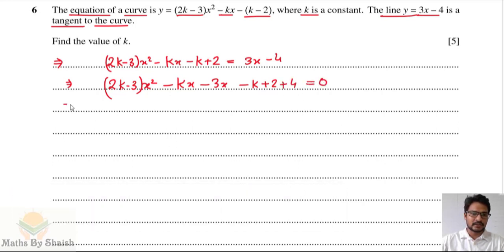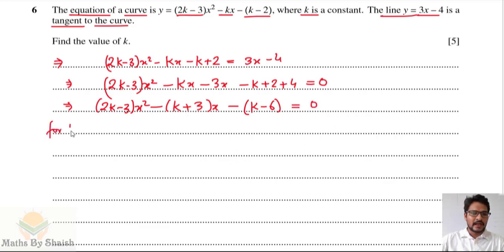Now we need to collect the terms. First one is okay, because it is (2k minus 3)x square. In the second term we can take minus x common, so it becomes minus (k plus 3)x. And from here it is minus k plus 6, so we can take minus common and it becomes minus (k minus 6), because once we multiply we'll get back plus 6, equals 0.